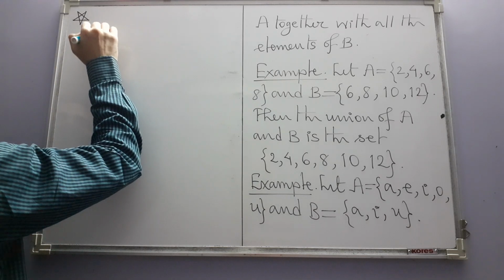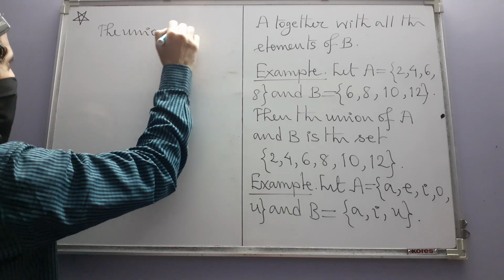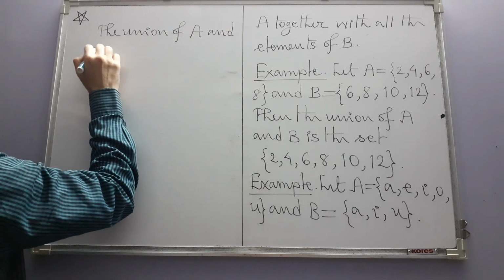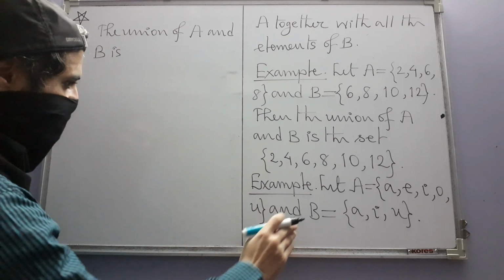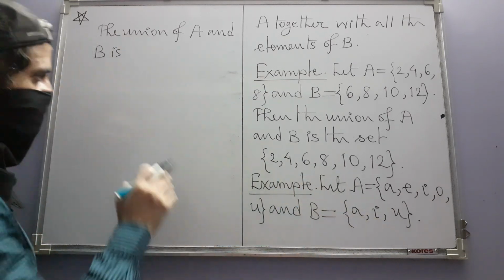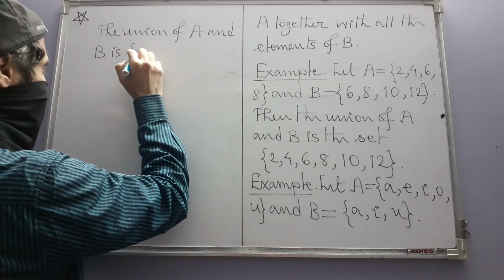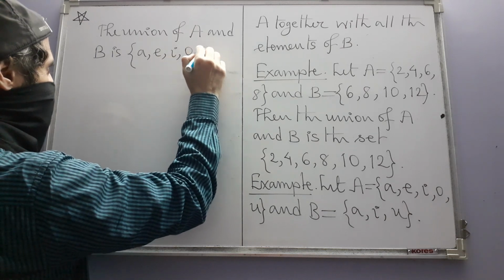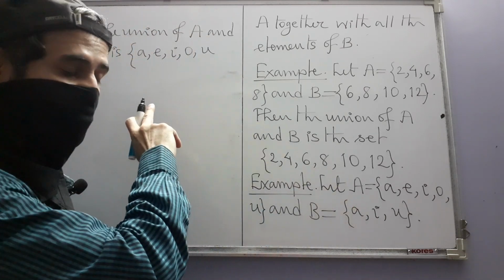The union of A and B is, without thinking of that first, let us simply write the set in roster form. The elements of A are A, E, I, O, U. And then the elements of B are A, but that is already there.